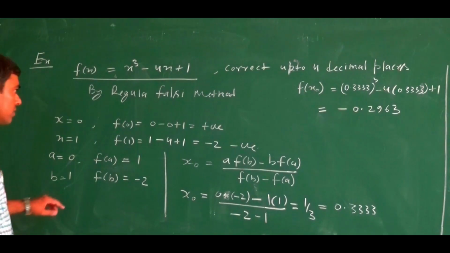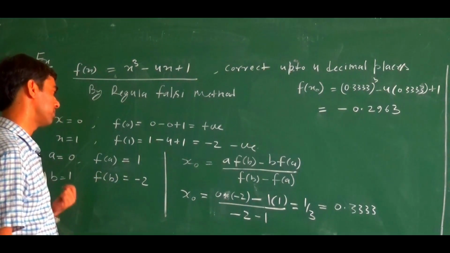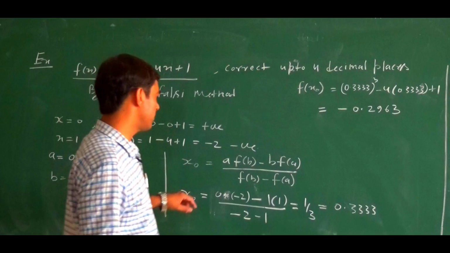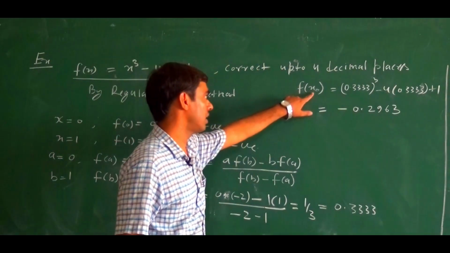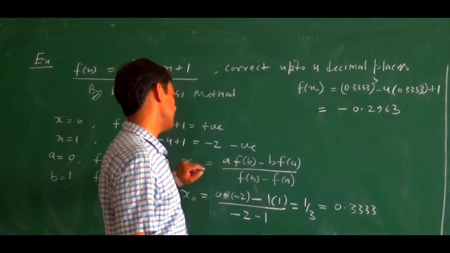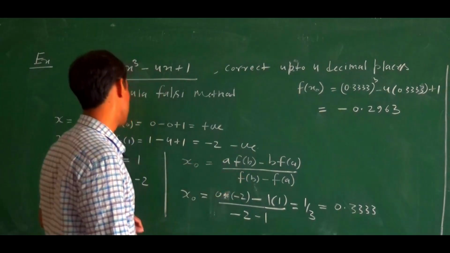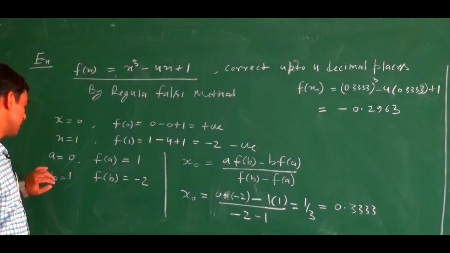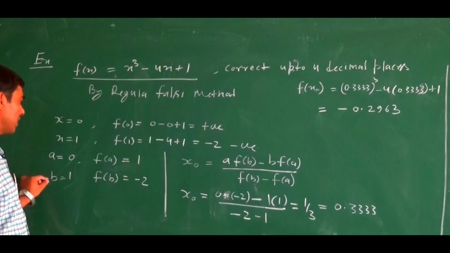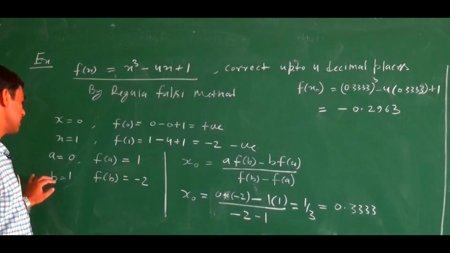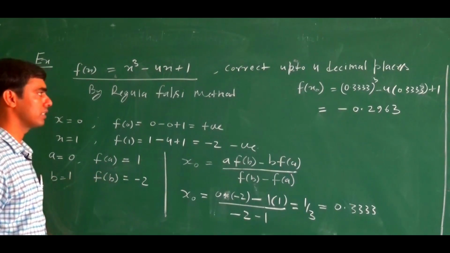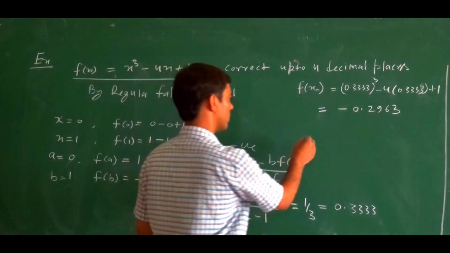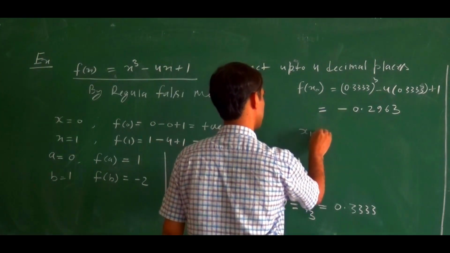In the next iteration, we interchange the value of x0 with a or b. So we replace b by x0, because in the previous iteration at b the value of the function is negative. So what is x1?